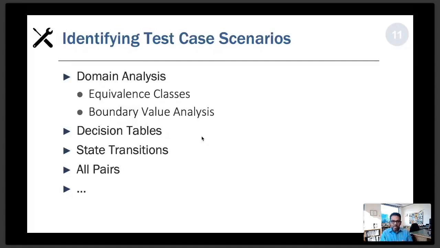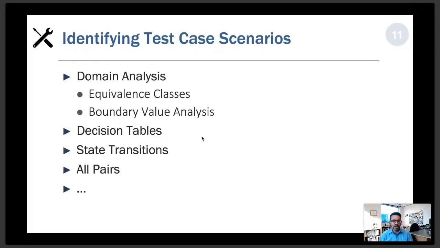A decision table will be very useful in this situation because there's a combination: what if the first 2 sides are equal, or the first and third? We want to make sure we cover all that. If we use the decision table, then we feel more confident that we have sufficient functional coverage.